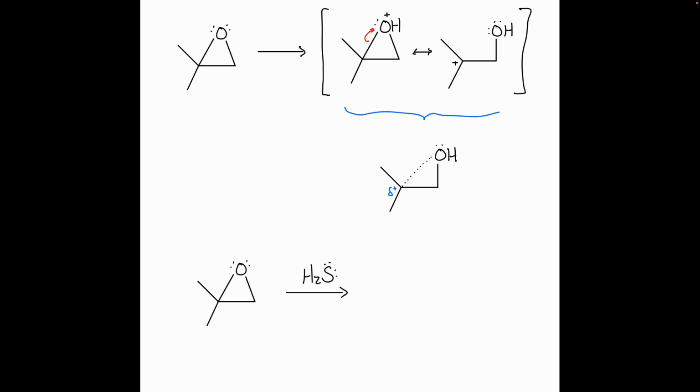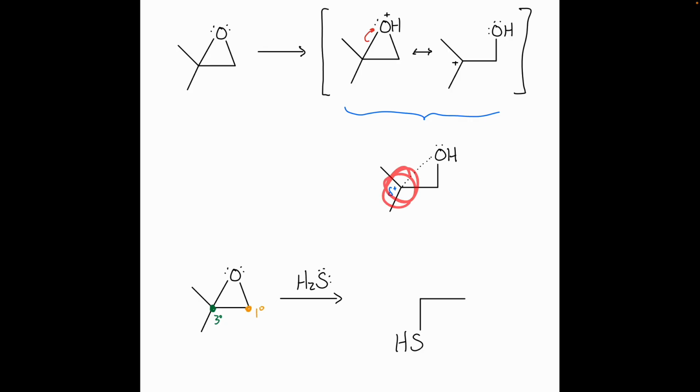But yes, so since this is neutral here, when I do my products, now my nucleophile is going to be added to that tertiary carbon. Even though the primary carbon is more accessible, that bond has already started to break, leaving that tertiary carbon with that positive charge density.